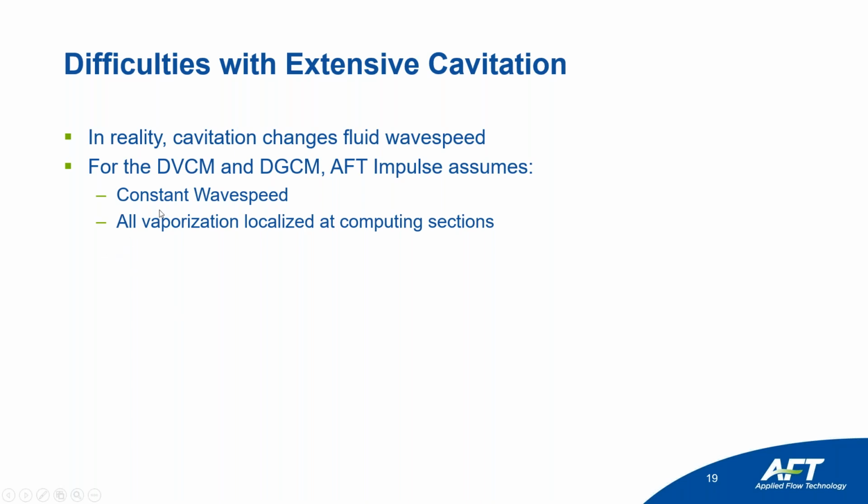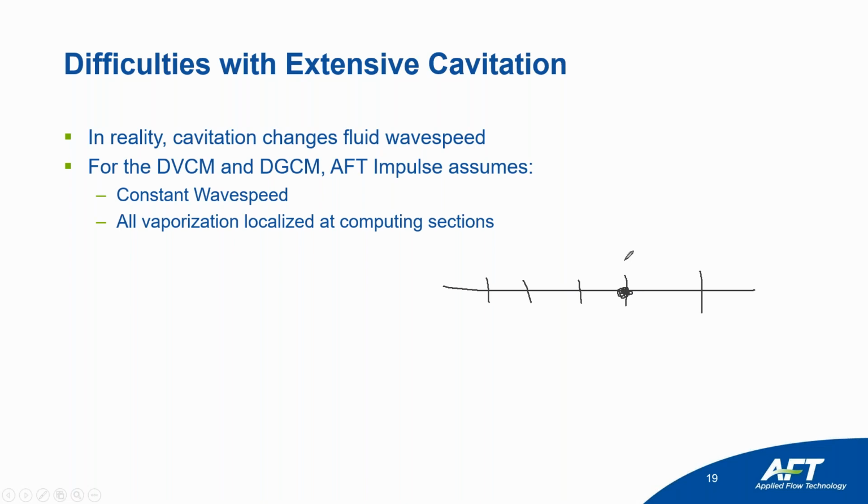The other assumption that's important to pay attention to is all vaporization is located at the computing stations. So if you have a pipe that's broken up into bits and you start to see a vapor bubble form right here, in the model, that vapor bubble is going to stay right there.